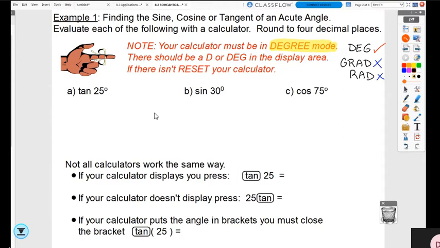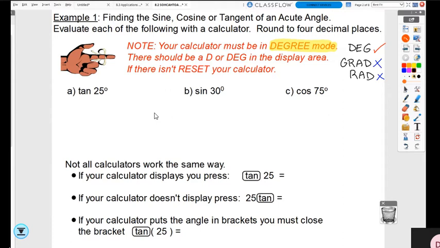See your calculator, it's got a big capital D at the top there. Do you see that, capital D? Yeah, that's good. Here it says rad, and there's a button right here. It'll switch to rad, and then it'll switch to deg. So that's what you want. You want degree. It's called degree mode.